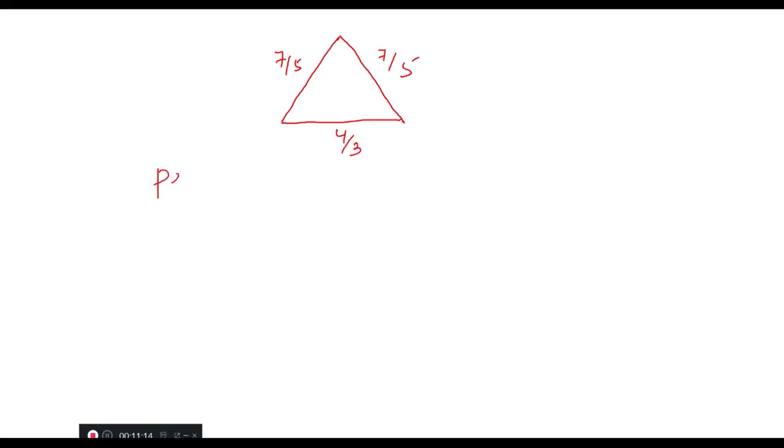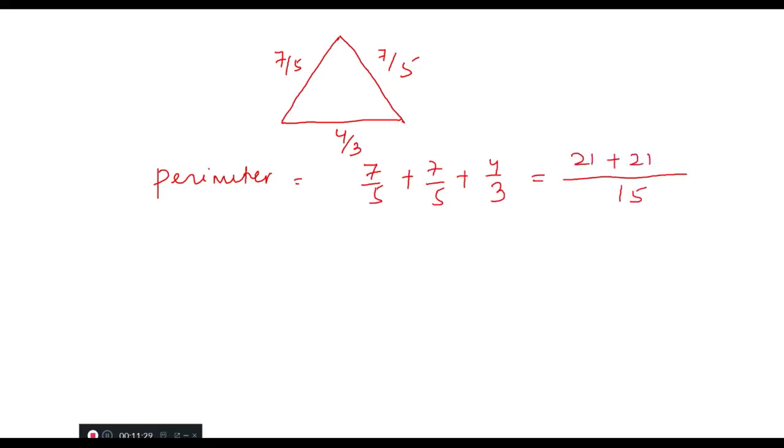So perimeter is equal to 7 by 5 plus 7 by 5 plus 4 by 3. The LCM is 15: 7 3s are 21, plus 21, plus 4 5s are 20. So 62 by 15 is equal to 4 2 by 15. It is given as the perimeter, so our answer is correct.